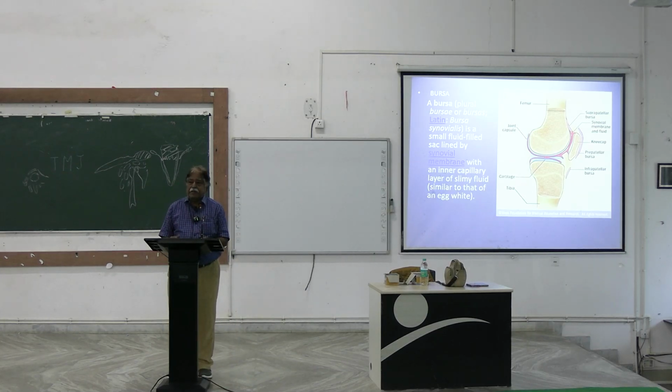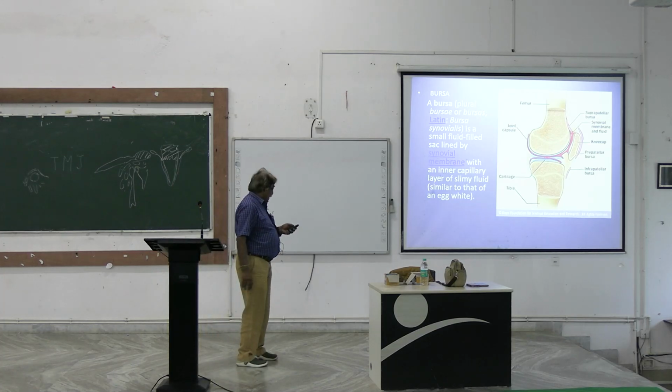The egg white you put in your soup, only the white portion of the egg, and the yellow portion you avoid. But I love to take the whole egg. Anyway, just to give you an example that it is like egg white.